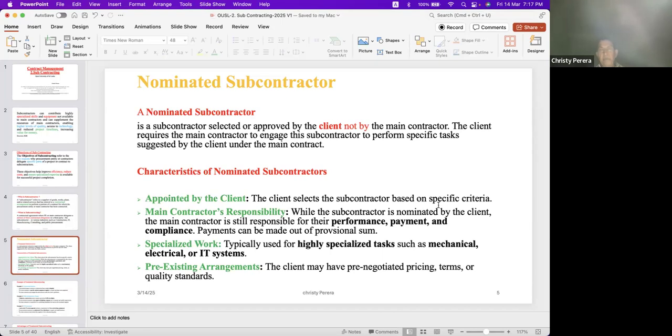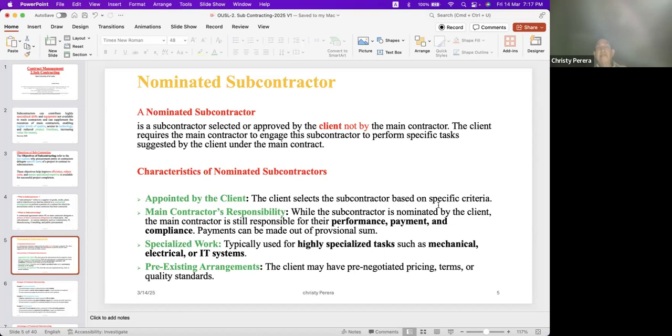About the main contractor's responsibility, we can't say that after I select the subcontractor to install the lift in that building, the main contractor doesn't have any responsibility. No, he has a responsibility.